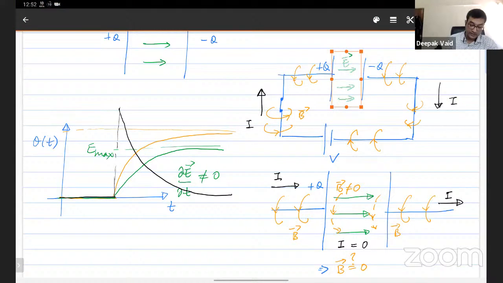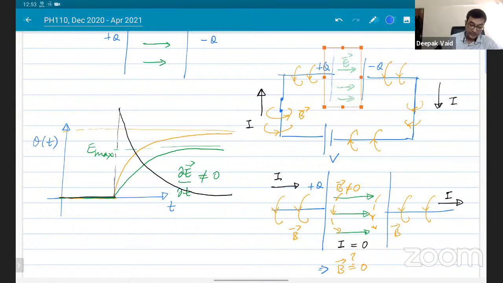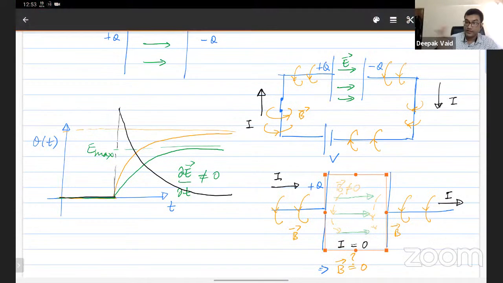Does the electric field go to 0? No, the electric field is still there, but it's not changing in time. The electric field has reached a maximum value, it is not changing. So once the current reaches 0, the magnetic field around the wire disappears because there is no current here. And since the magnetic field around the wire disappears, the magnetic field between the sheets should also be zero by continuity.